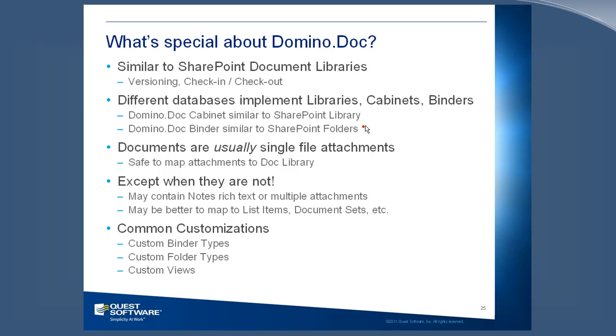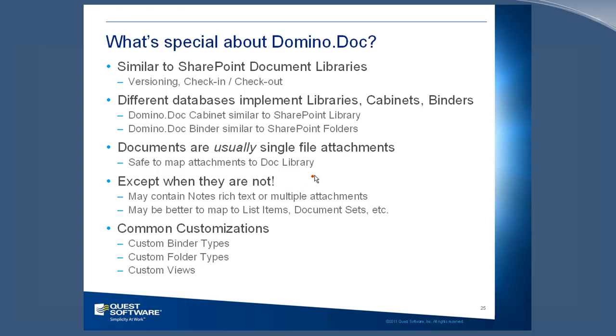The catch is that they're not always done that way. Sometimes Domino.Doc documents are more like a rich text Notes document, where users will type in a bunch of rich text in the Notes document, and they might have one attachment or multiple attachments, or sometimes no attachments. Sometimes the rich text is the document, and there's no other attachment there. So just be careful about that.